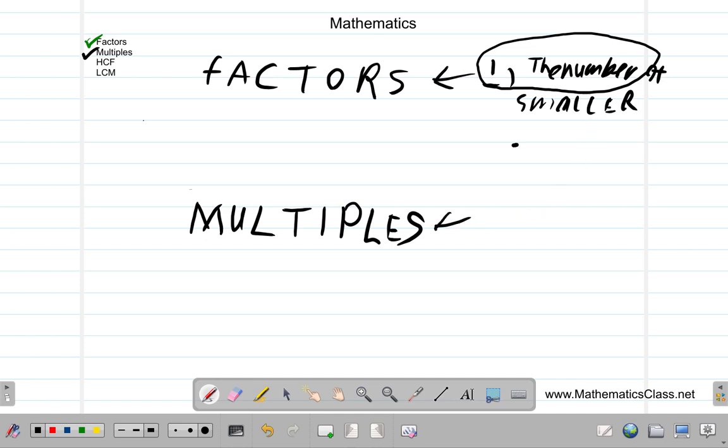As for the multiples, it's either the same number and larger.